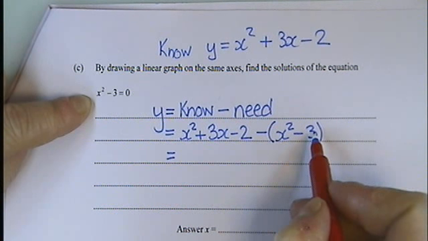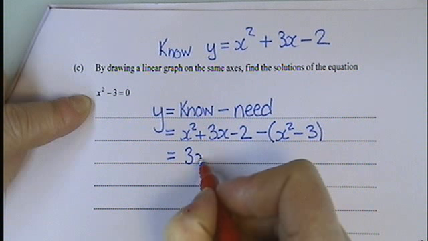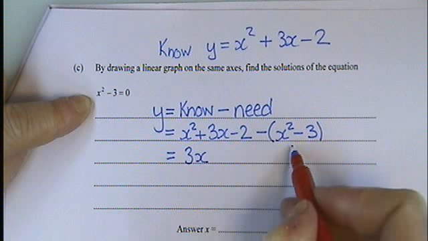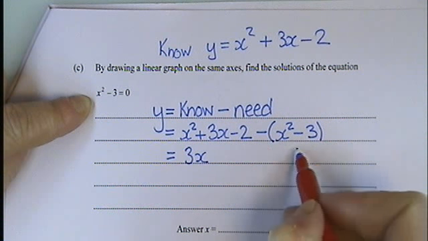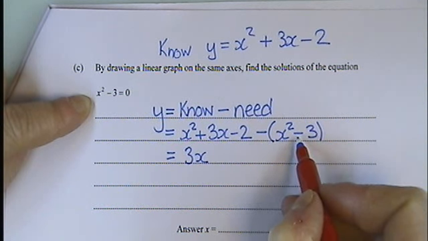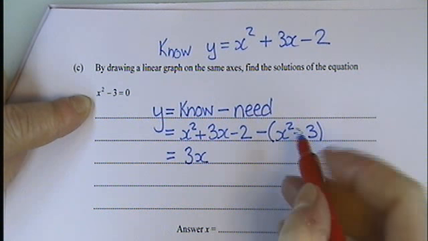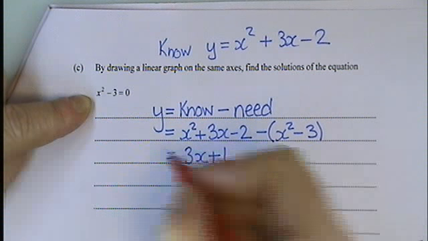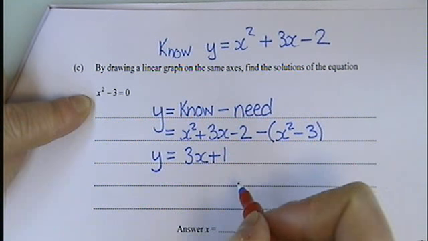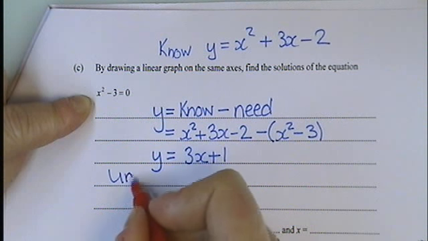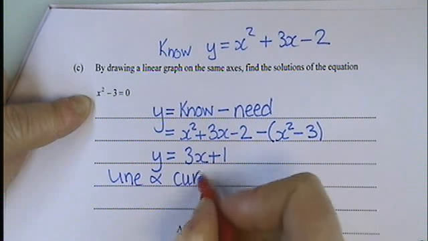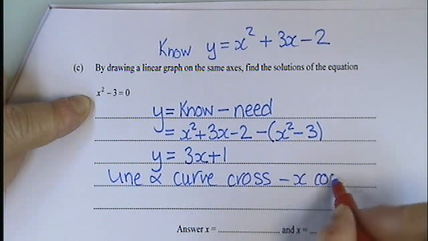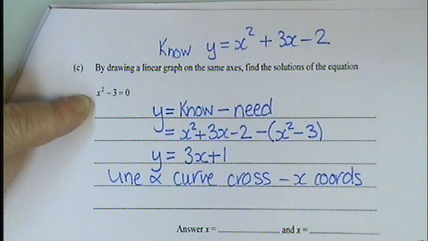There's no other x in this part at all, so that doesn't change. And I have negative 2 take away negative 3. So a negative take away a negative becomes a plus, and I end up with negative 2 plus 3, which is plus 1. So I need to draw the line y equals 3x plus 1. And where my line and my curve cross, I want the x coordinates.